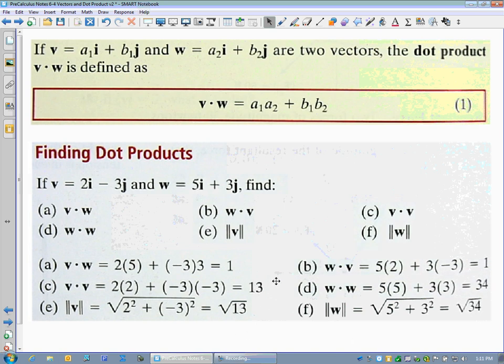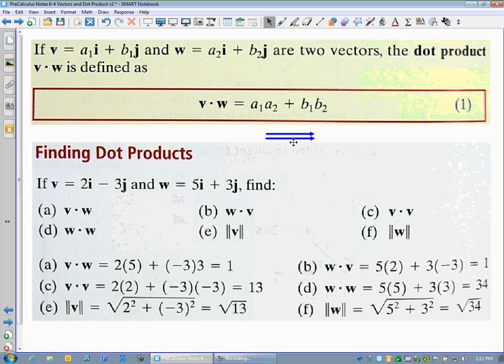Now, if you notice C and E, you have 13 and square root of 13. And D and F, you have 34 and square root of 34. That is not a coincidence. And if you think about it logically, v dot v means vector v times itself, let's say you have two of the same exact vectors.